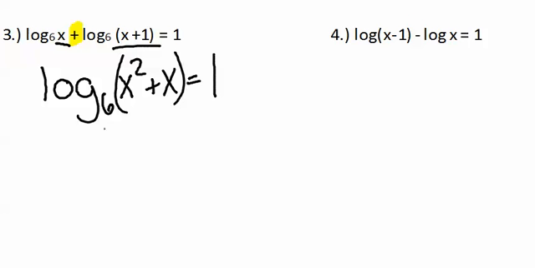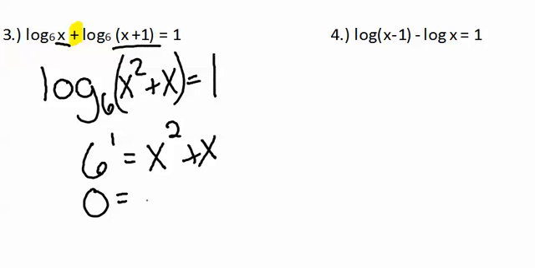From there, I'm going to take this logarithmic equation and make it exponential. And I get 6 to the first equals x squared plus x. Hopefully you'll notice that now is actually a quadratic equation. So we're going to set it equal to 0. And this is actually factorable.